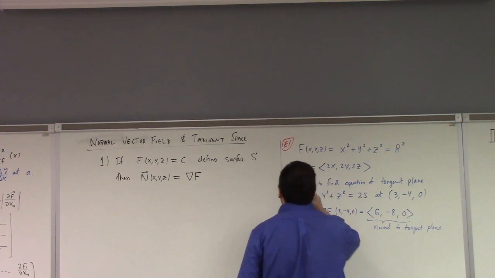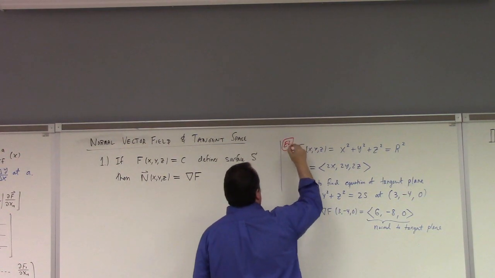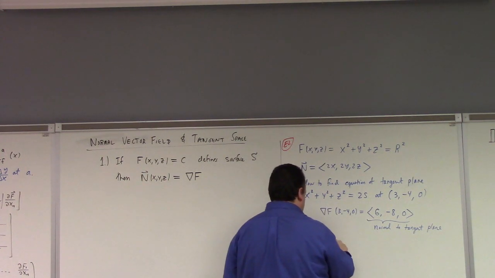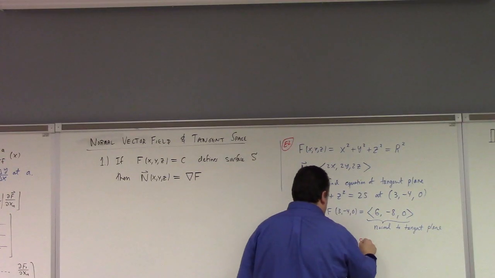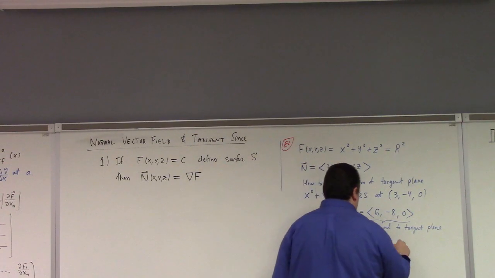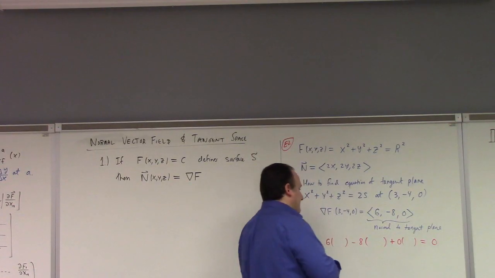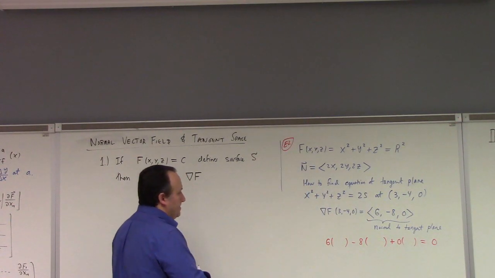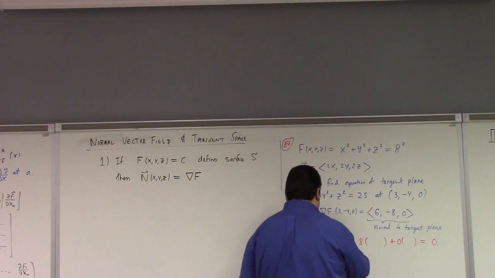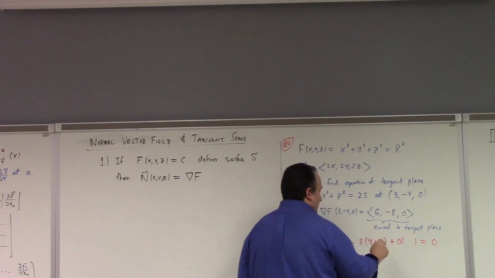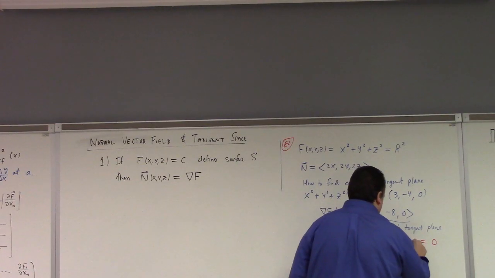I guess this was example 2. Seems like that other thing I did was an example. But it's what? It's 6 times something minus 8 times something else plus 0 times something else equal to 0. x minus 3, y plus 4, and z minus 0.